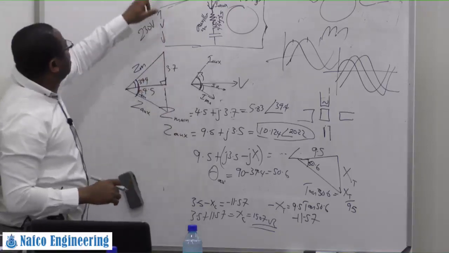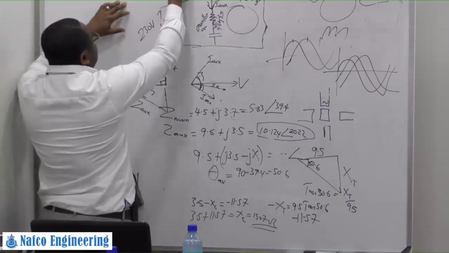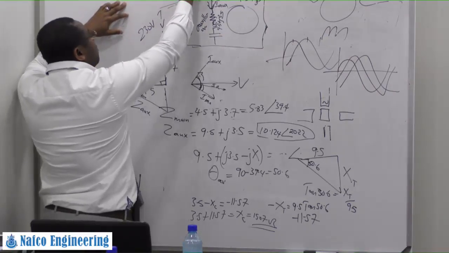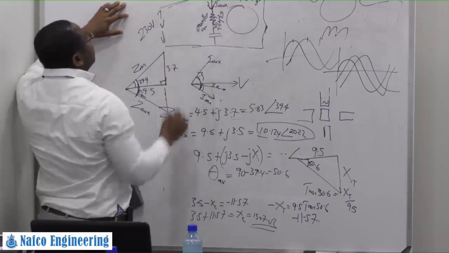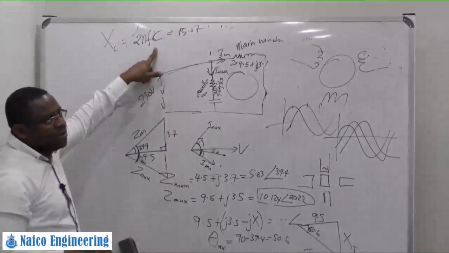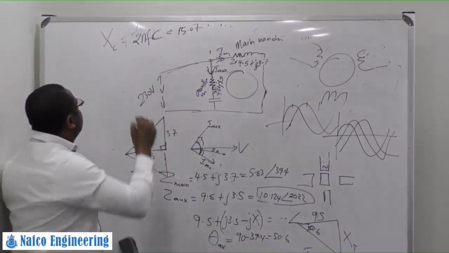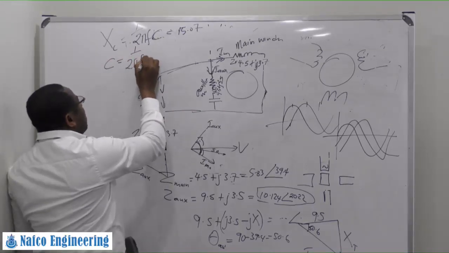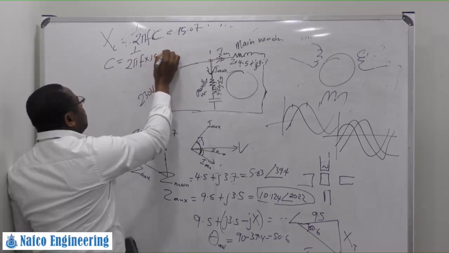So you make C the subject: C will now be 1/(2 pi F times 15.07).